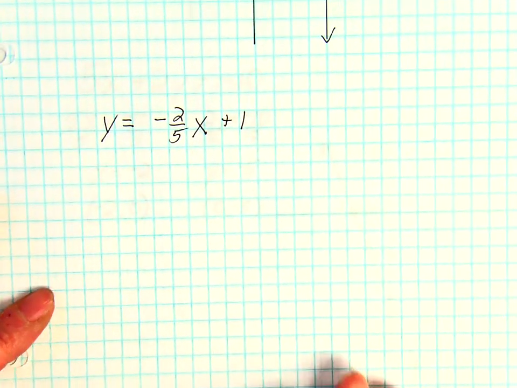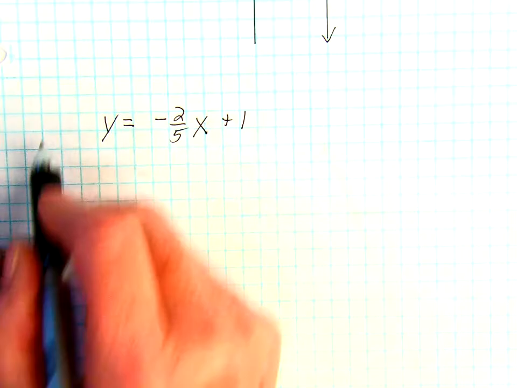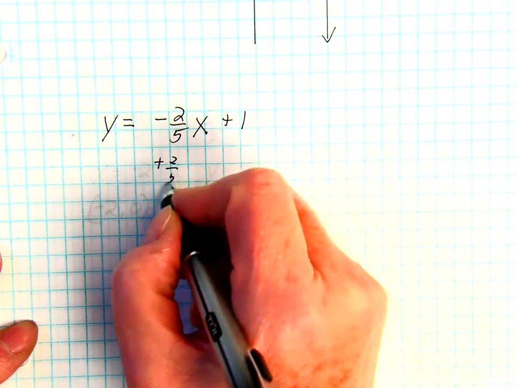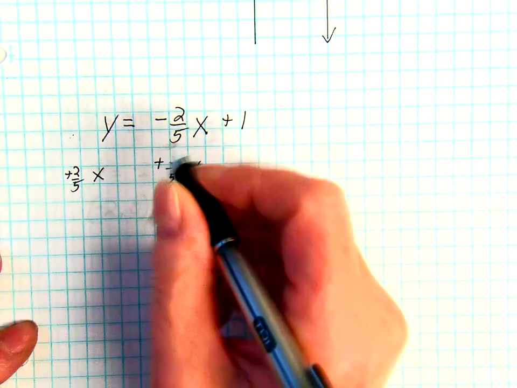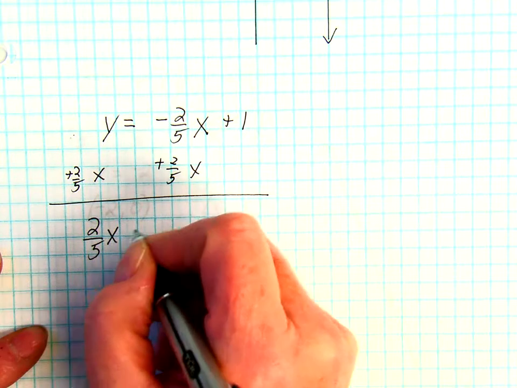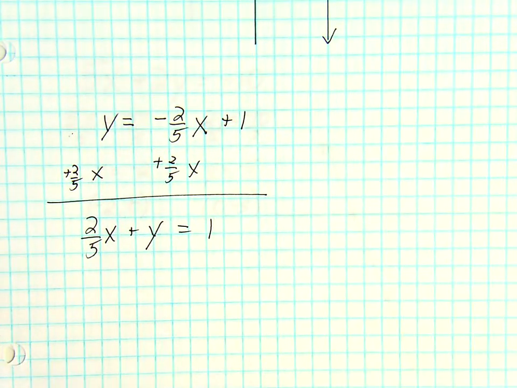Say now I want to turn this into standard form, which means that the x needs to be over on this side. So I need to add the 2/5 x to both sides. This is going to give me 2/5 x plus y equals 1.